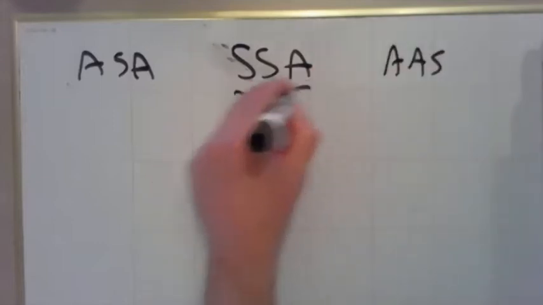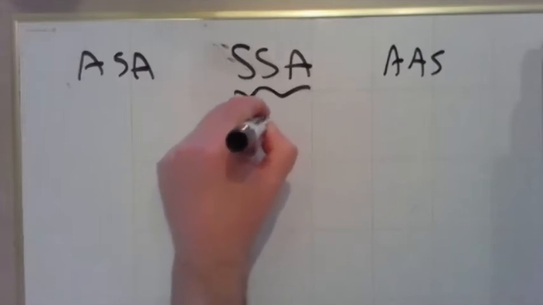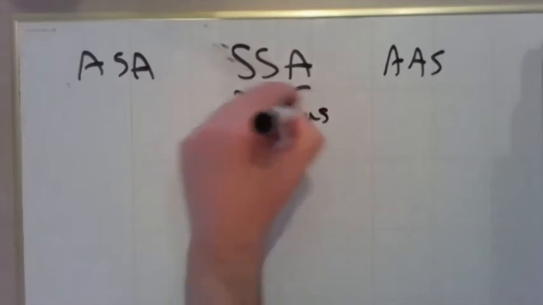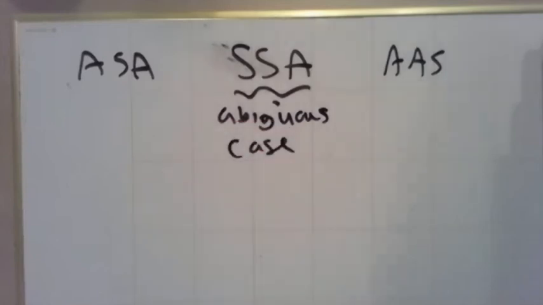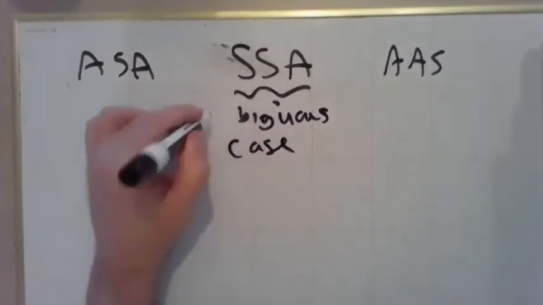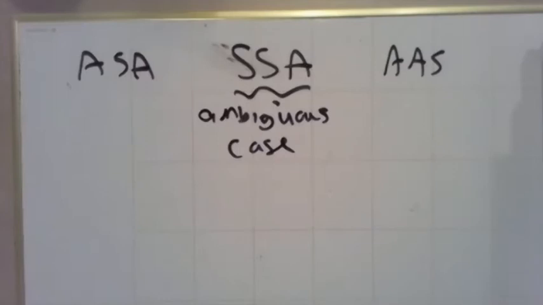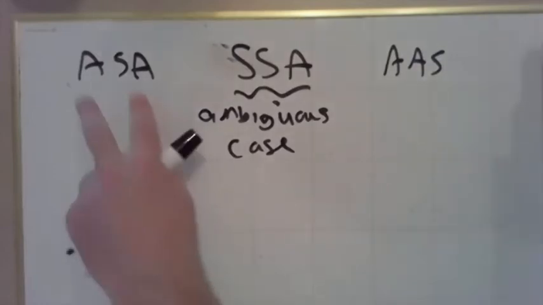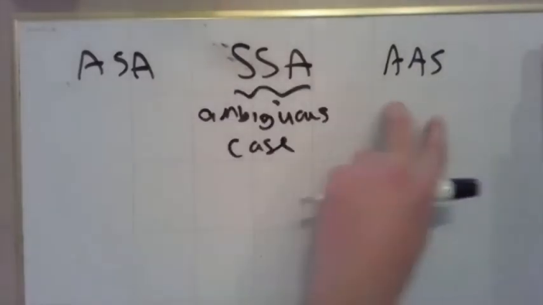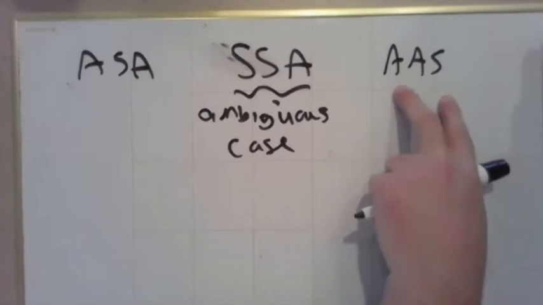This is what's called the ambiguous case, where you might sometimes get two different triangles that meet the conditions. Sometimes you get one triangle, sometimes you get none. These two will always have a unique solution. These two are actually equivalent.